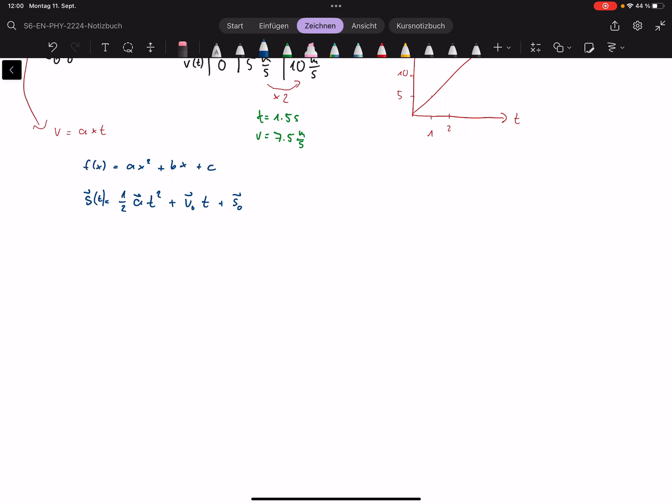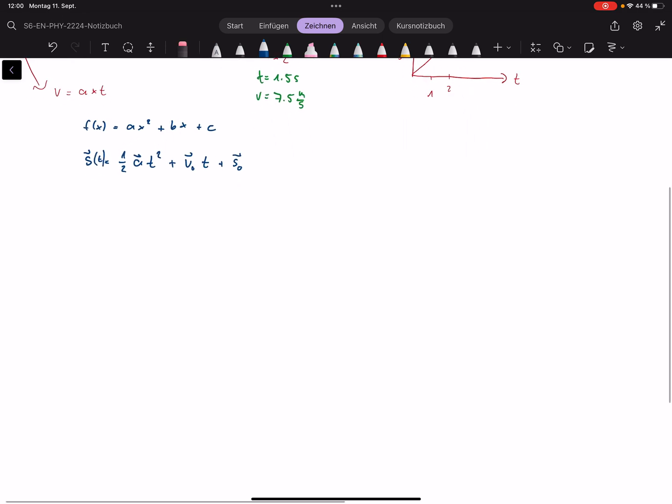So we see the factor a in this case is half a, by coincidence the same letter but different meaning. The b is the v and c is the s0. And we just replace the x by t.